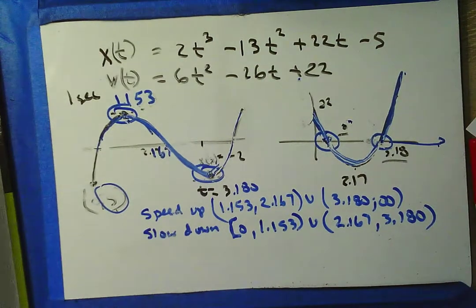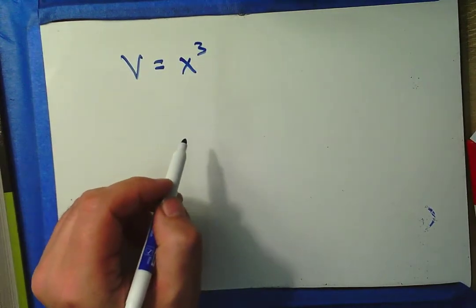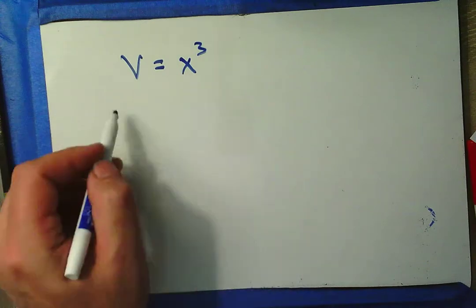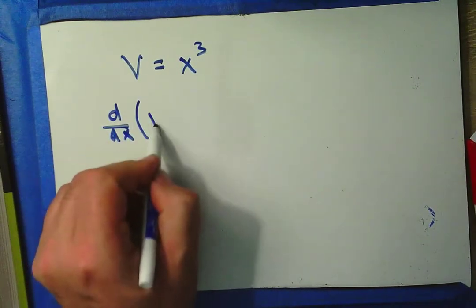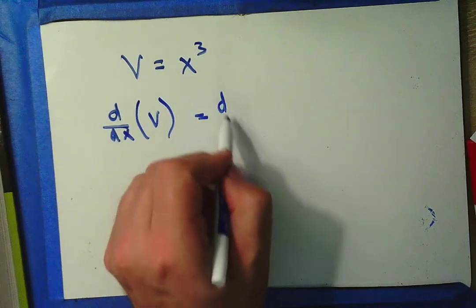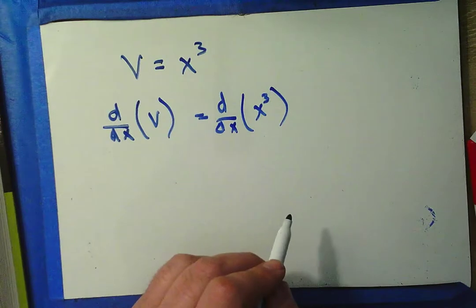We've got number 43. Find the instantaneous rate of change in the volume of a cube with respect to its side length. We're told that the side length must be x. So volume is x to the third. They'd like to know the derivative with respect to x of volume, which will be the derivative with respect to x of x to the third.